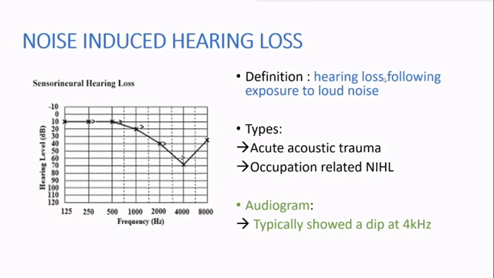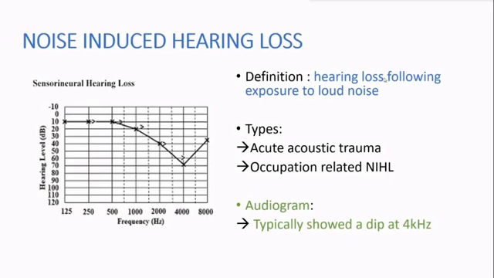Okay. So the definition of noise-induced hearing loss is hearing loss which follows exposure to loud noise. This is what you gather from the history. There are two types of noise-induced hearing loss. It could be acute acoustic trauma, which occurs quite acutely, with a short history, or occupation-related noise-induced hearing loss. A patient who worked in factories was exposed to loud noise for a long period of time, almost 5 to 6 days a week.